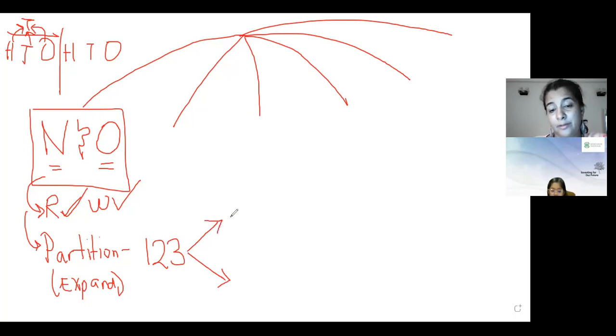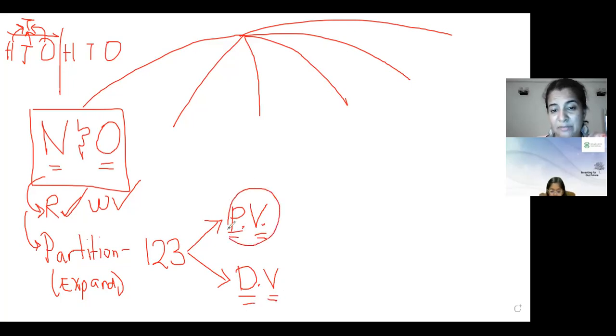Either the question will ask you to expand in place value. Okay, listen carefully. Either it's in place value or it will ask you to expand in digit value. So I write it down as PV and DV. PV means place value, DV means digit value. You must know, okay, which style do they want?